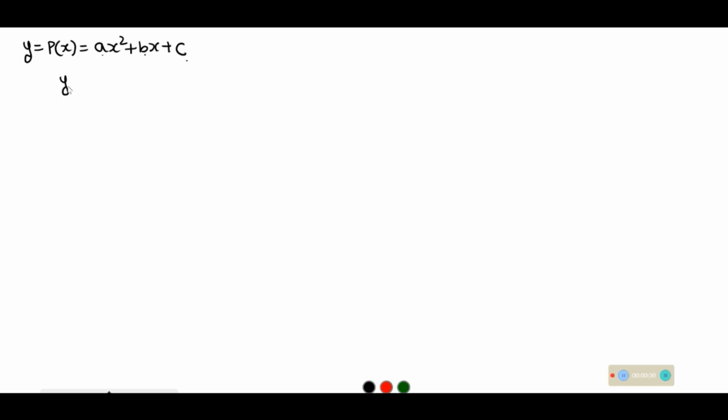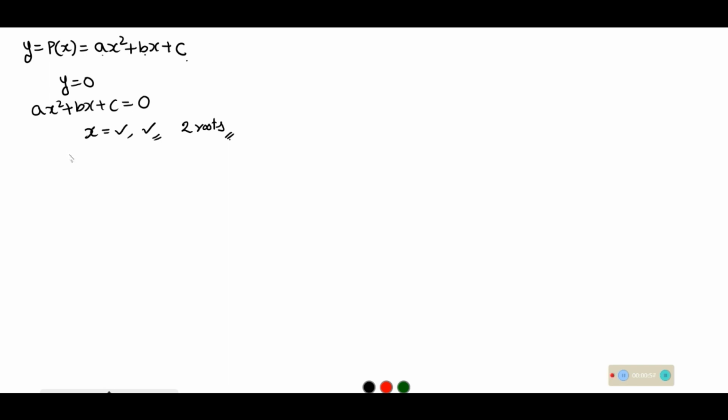We make y equal to 0, that means ax square plus bx plus c is equal to 0, and we find the x numbers. How many roots can a quadratic equation have at most? It can have a maximum of 2 roots or 2 zeros.